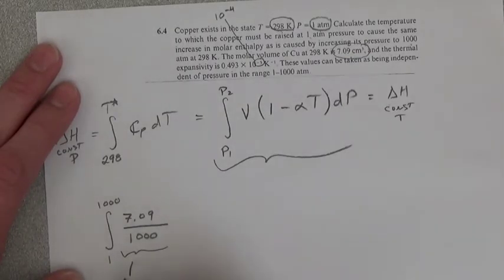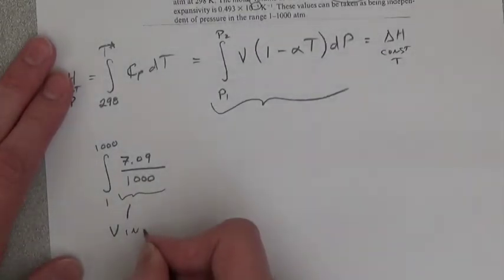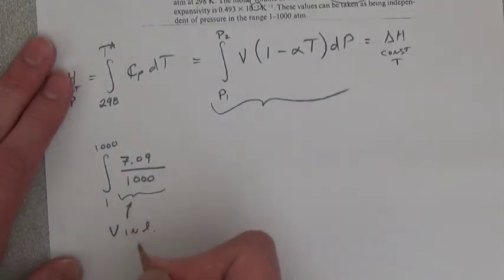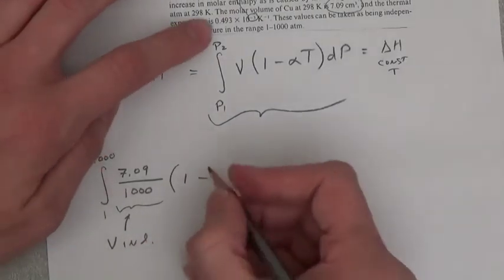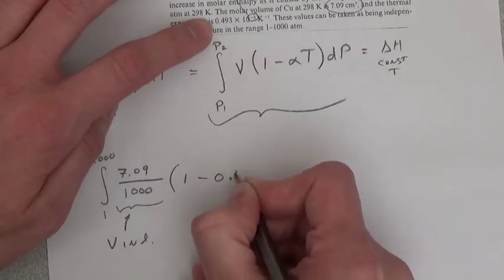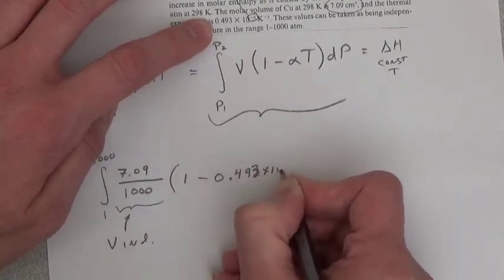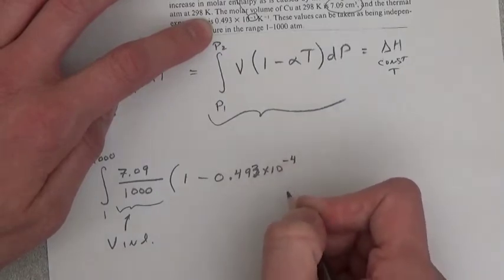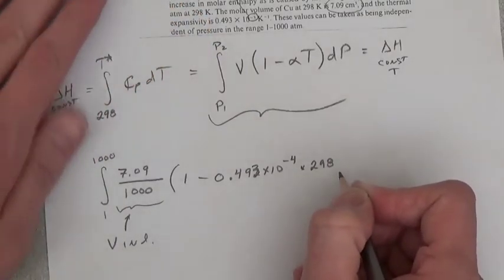That is in liters, times 1 minus alpha, which is 0.493 times 10 to the minus 4 times temperature, which is 298.